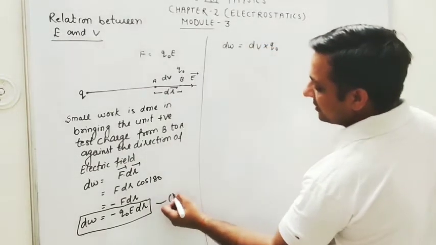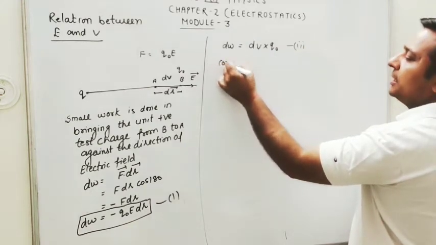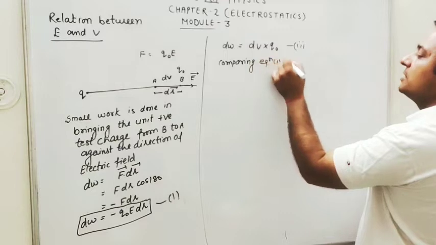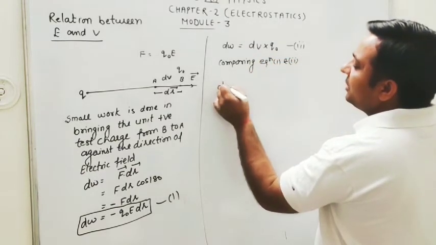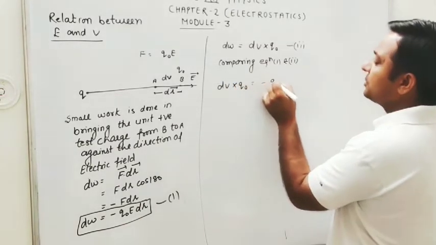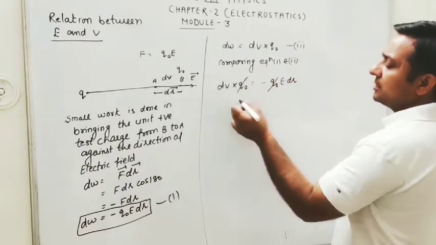Comparing equation first and second, dV into Q naught is equal to minus Q naught E into dr. Cancel Q naught.